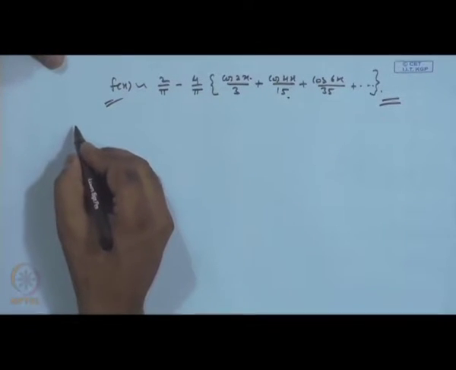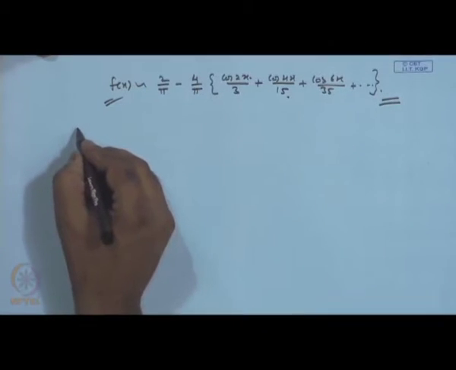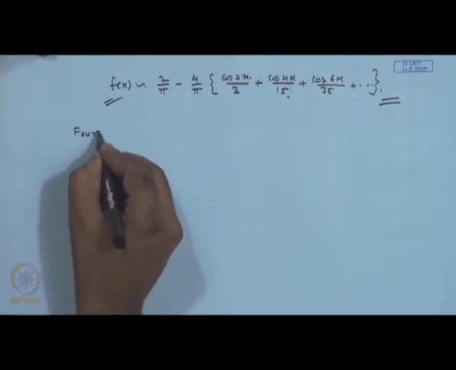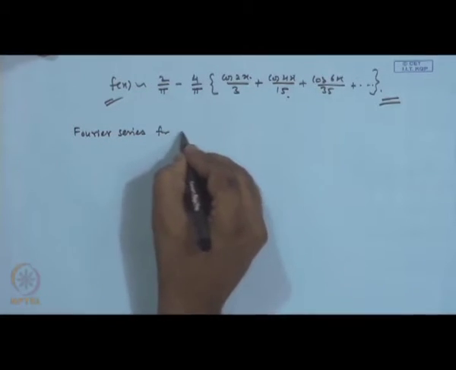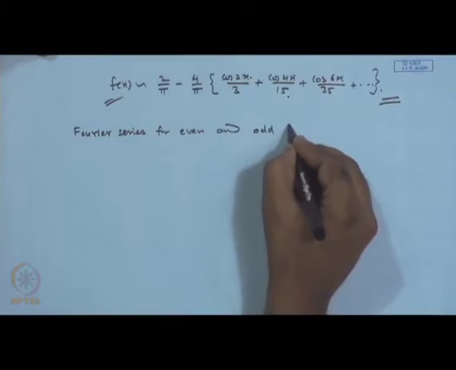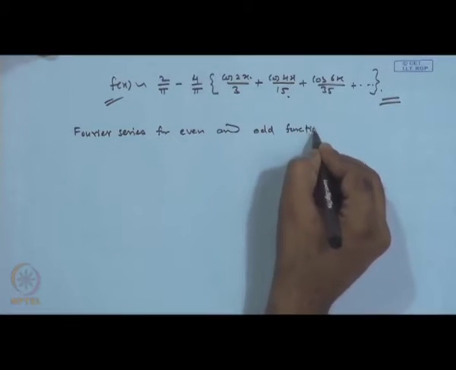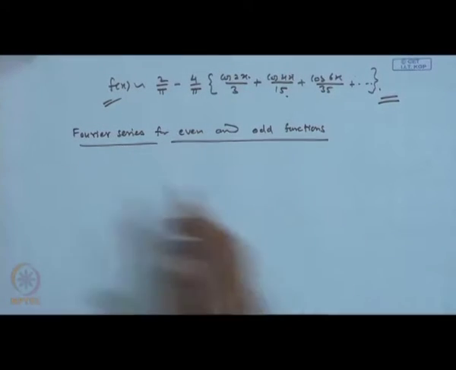So, now we go for another important point, which partially we have discussed in this example: the Fourier series for even and odd functions.